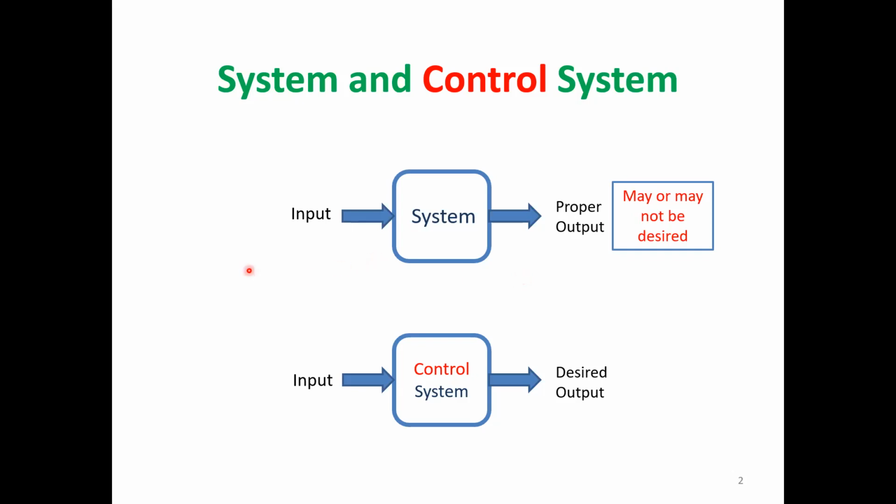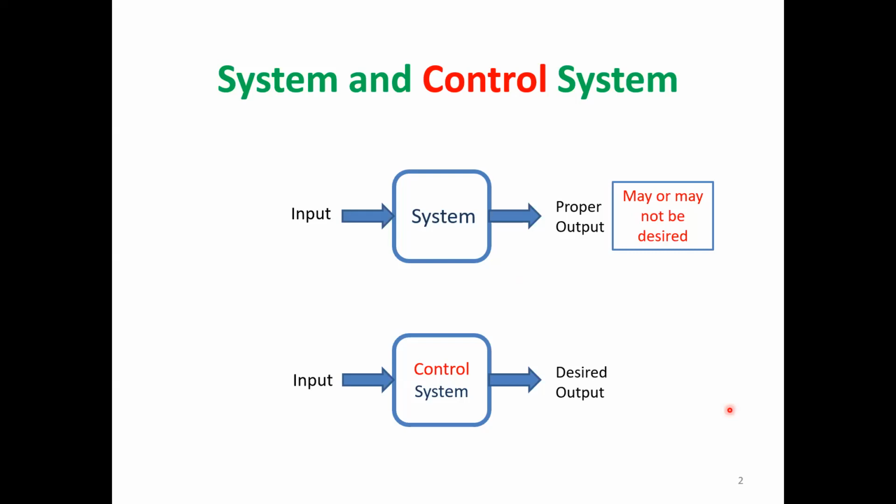Here comes a control system. A control system is such a system in which you can control the system. As a result, you will get the desired outcome. Let's say when you go to the lift, what do you do? You press the button.